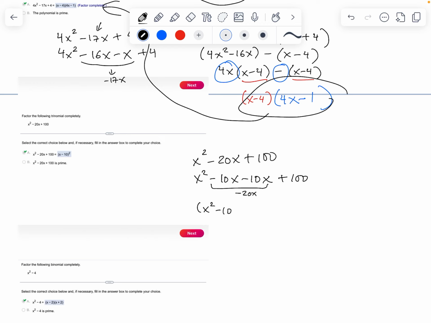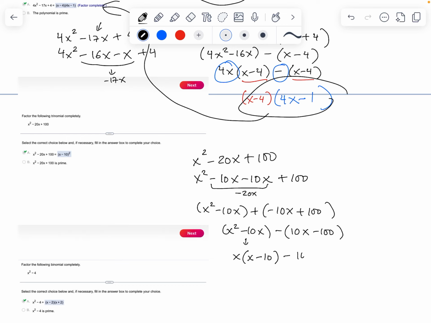Alright, again we do the regroup. x squared minus 10x, you keep that negative in front of the 10x plus 100. Then you can pull it out. You have to handle it with care, then everything inside changes the sign. Remember that. And then from here we can factor the x out, so we'll be left with x minus 10.